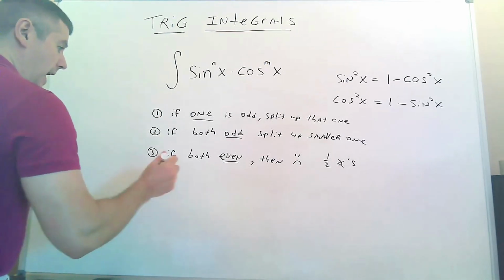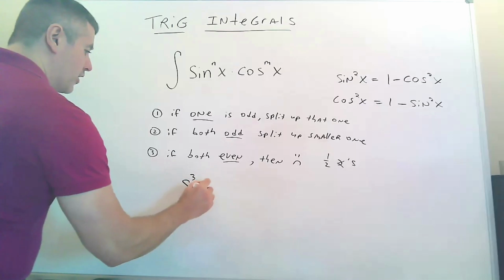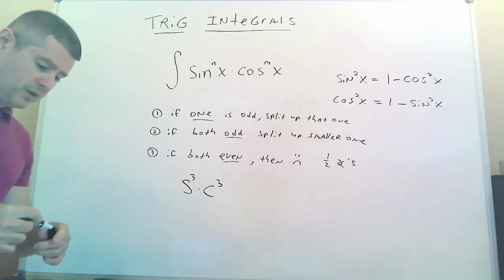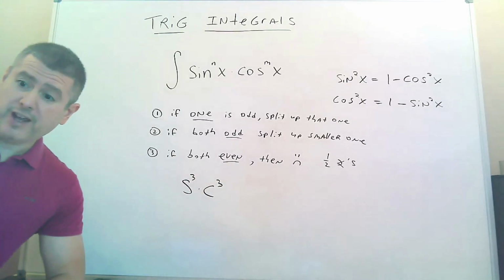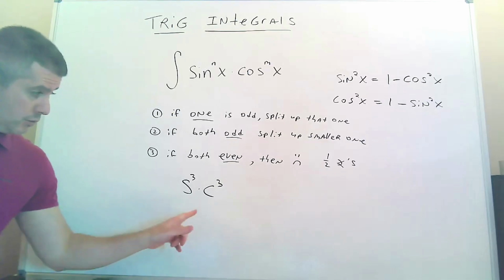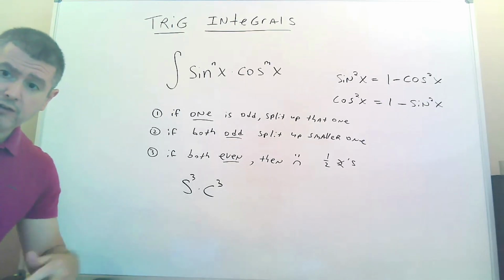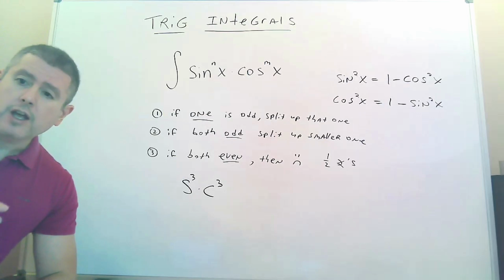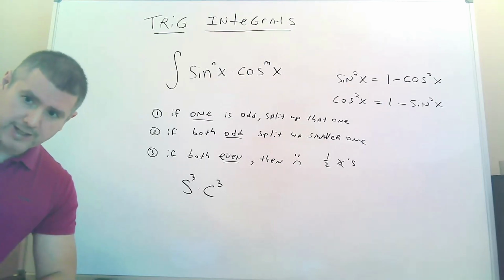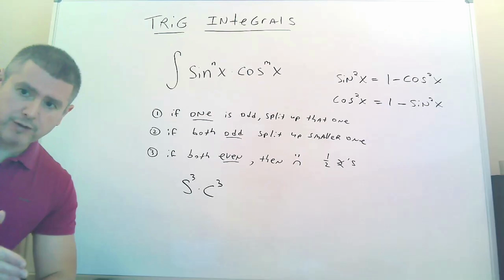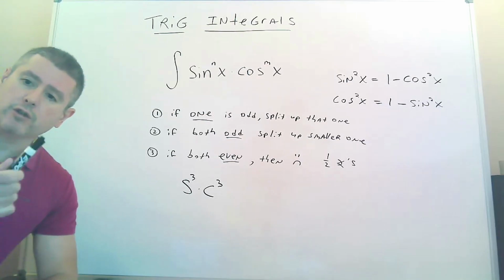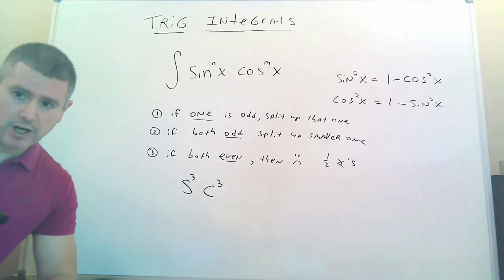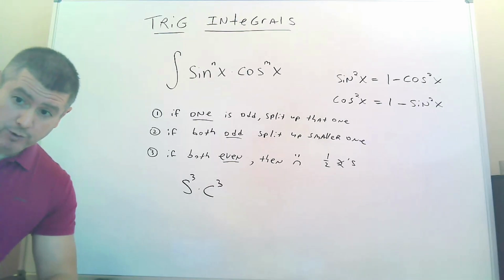Now, if they're both odd, let's say you had sine to the third, cosine to the third. You pick the smaller power, but what if they're the same? If they were the same, you would split up the cosine, because that would mean the u would be sine. It's always easier to have the u be sine because the derivative of sine is cosine. Since the derivative of cosine is negative sine, that creates a little complexity, having to switch at the end when you do the u substitution.